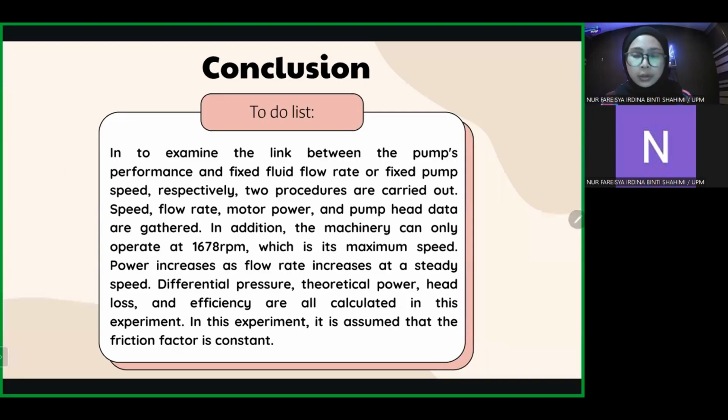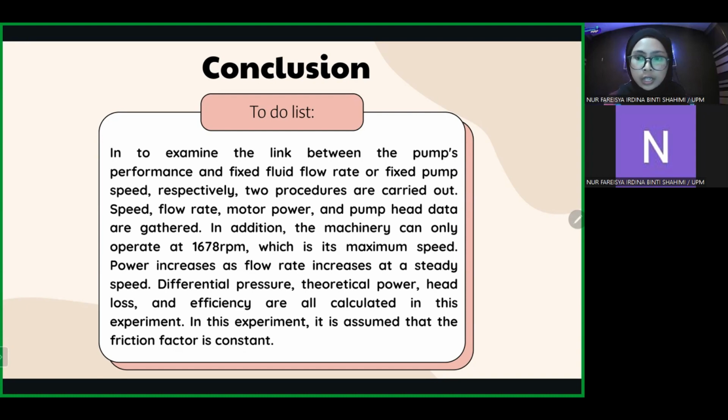Okay, next, the conclusion of this experiment is to examine and compare the pump performance at fixed fluid flow rate or fixed pump speed, respectively. Two procedures are carried out, and the data of speed, flow rate, motor power, and pump head were gathered.